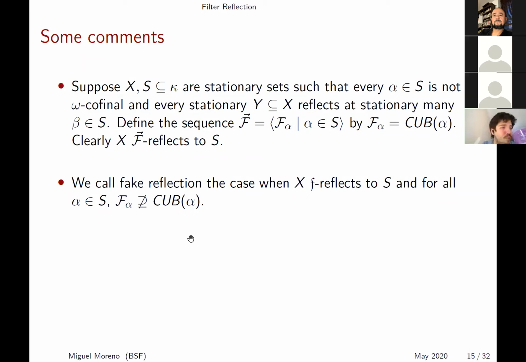Then you're actually reflecting kind of in the wrong place, or in different places. Imagine you have the club filter, and for every club filter in alpha, you start dropping the clubs that you miss when you try to intersect. So you're taking a very small filter compared to the club filter. You're kind of changing the topology of reflection, so to speak.